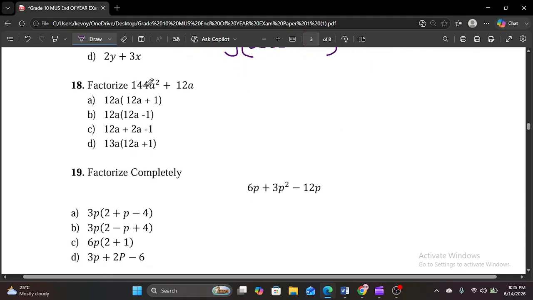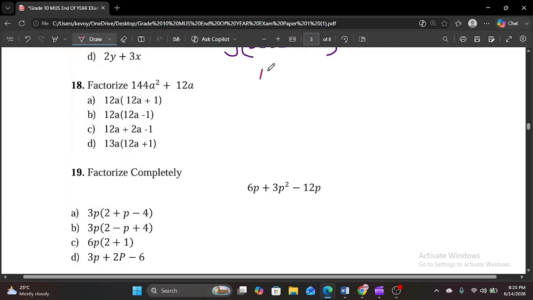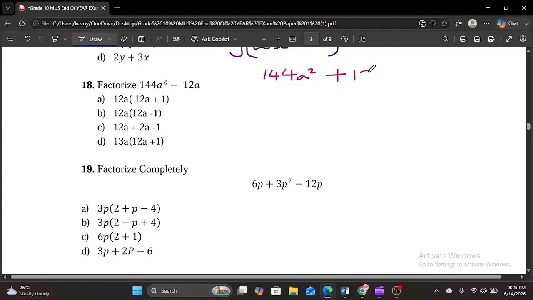I'm asked to factorize this right here. So I have 144a squared plus 12a. So I'm gonna write it right out here. So that's 144a squared plus 12a.